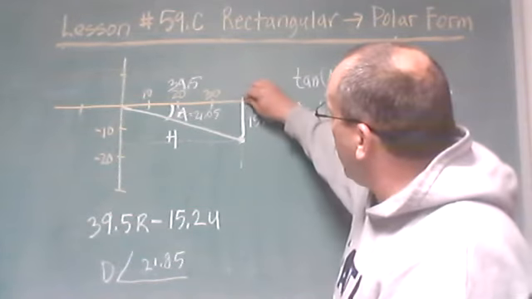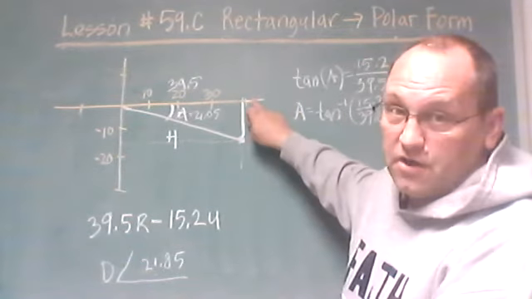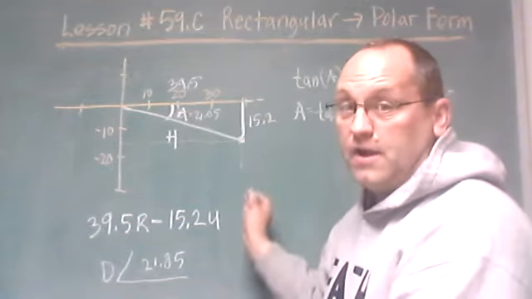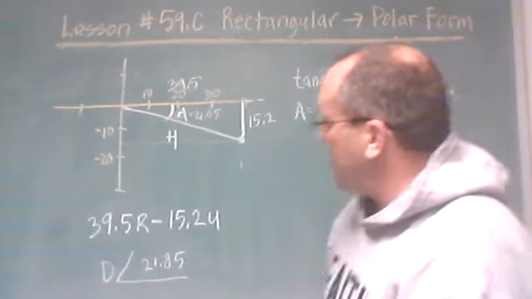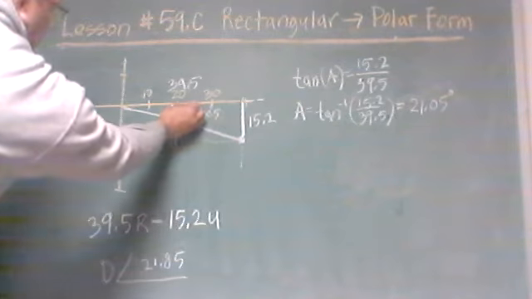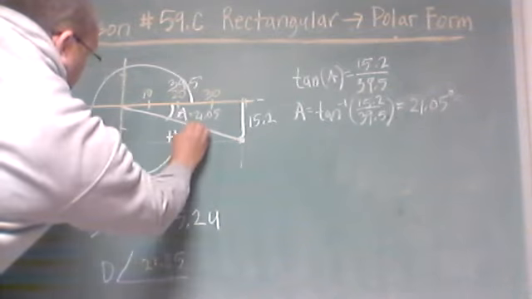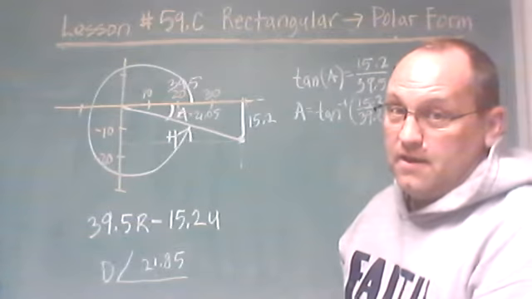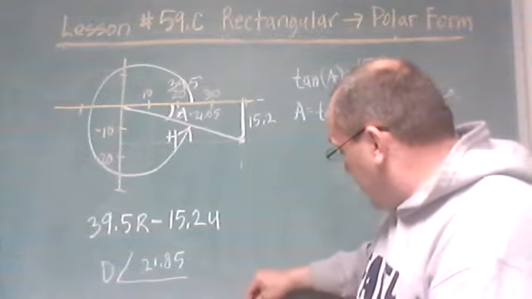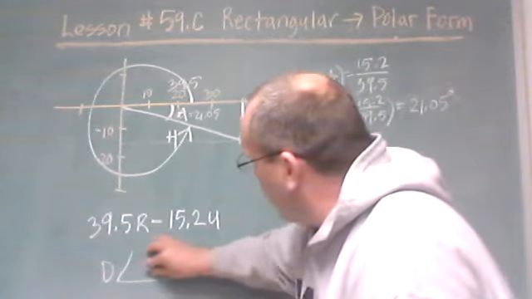Remember, our angle measurements in the graphing system are based on starting at the x-axis here and going counterclockwise. I'm going to move over here and stand up real quick. So to record the proper angle, we need the angle that tells us how far we go around that way. We recognize it's not going to be 21.05.